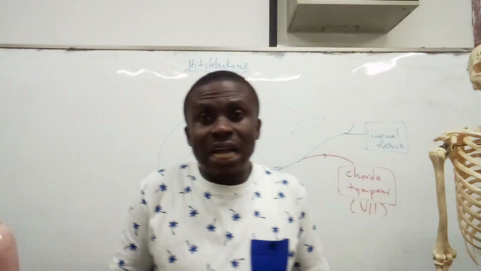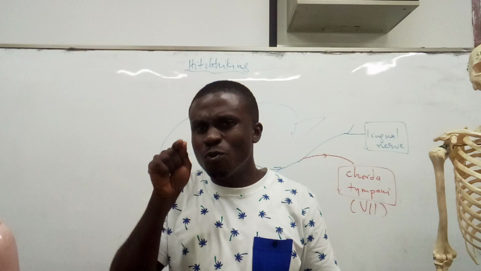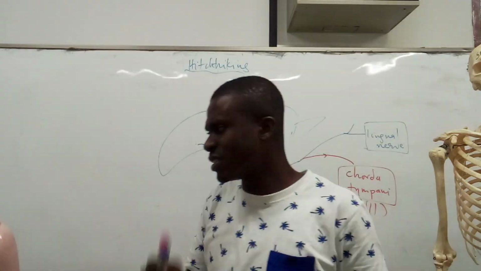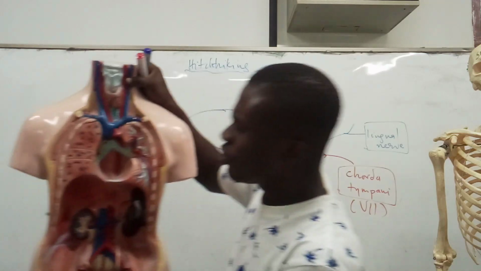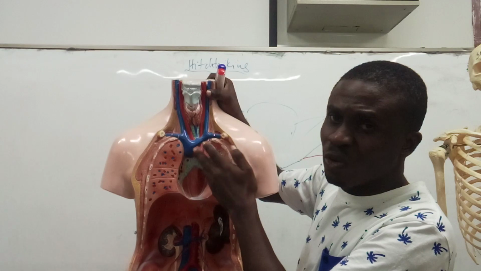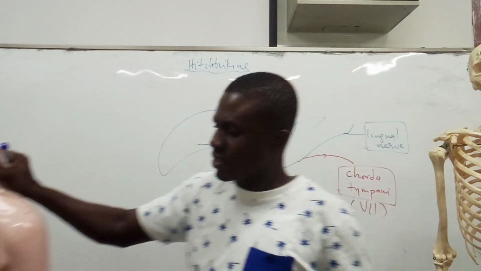So sometimes there are certain things we expect, that this is the way it's supposed to happen, but there will be a change, and that is what we mean by anatomical variations. For instance, later on in your study, you will get to know that the heart is over here, this is the aorta, this is the ascending aorta, then it arches.